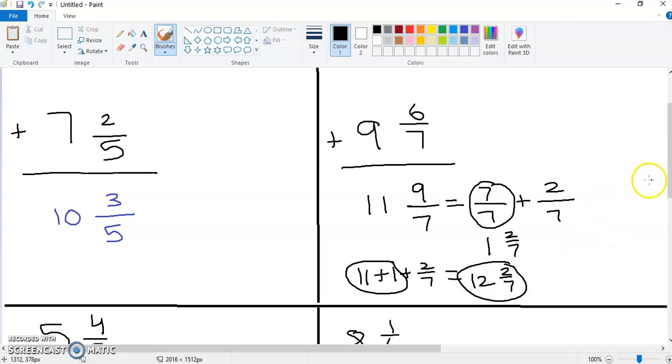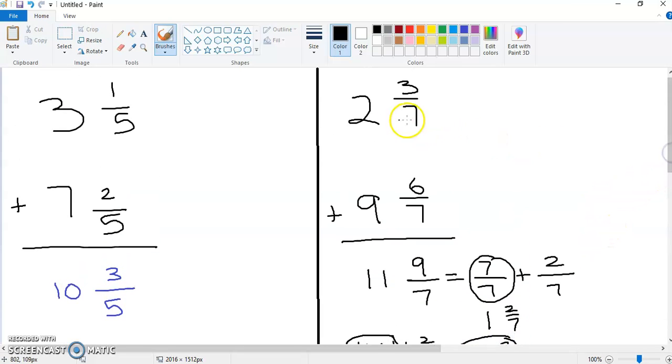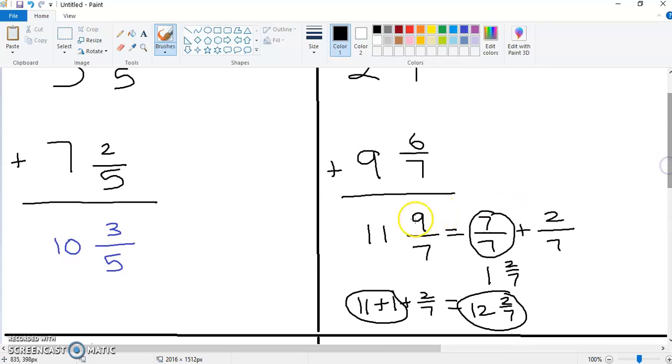So by the time everything was done with this one, 2 and 3/7 added to 9 and 6/7, we started with 11 and 9/7. We decomposed it. We found the hiding whole number that was inside of this improper fraction. So you take that whole number and you add it to the other whole numbers over here.